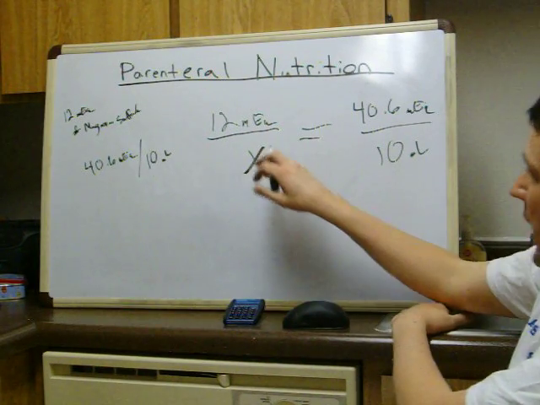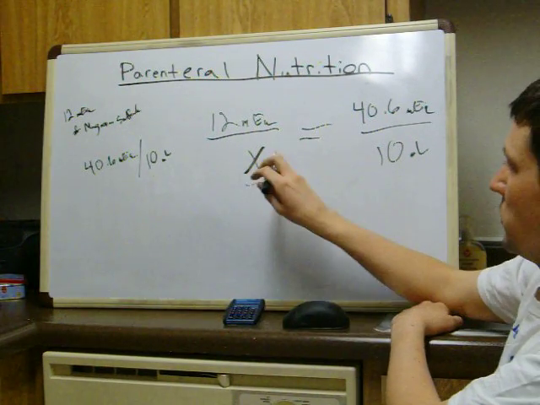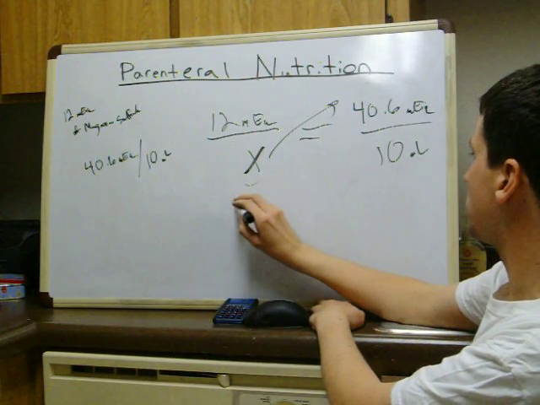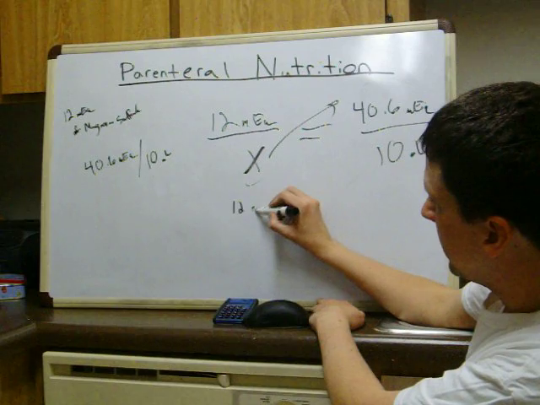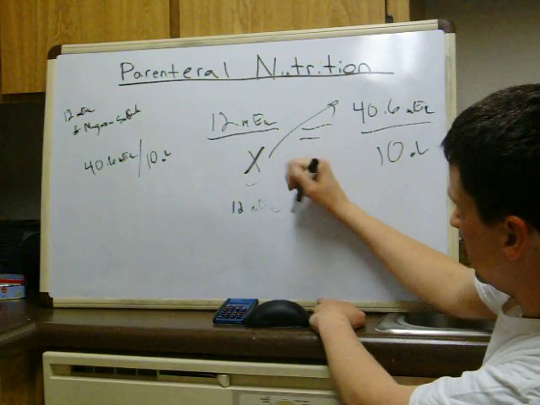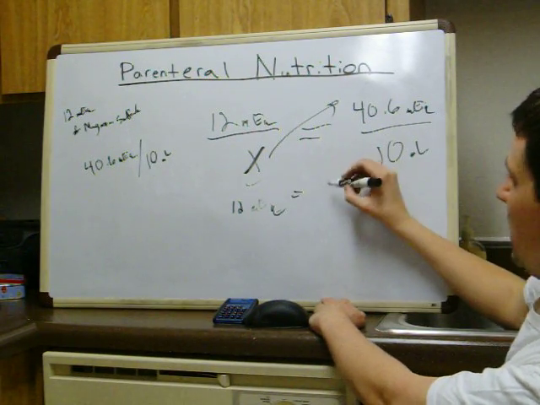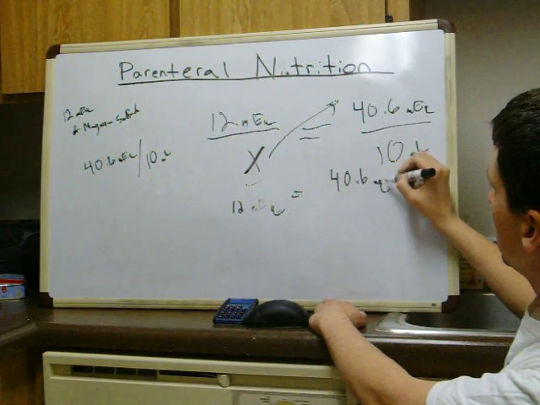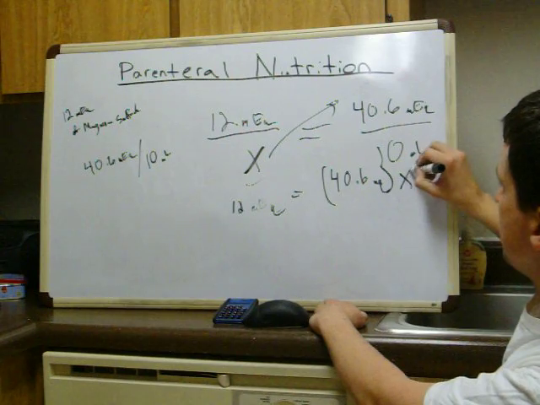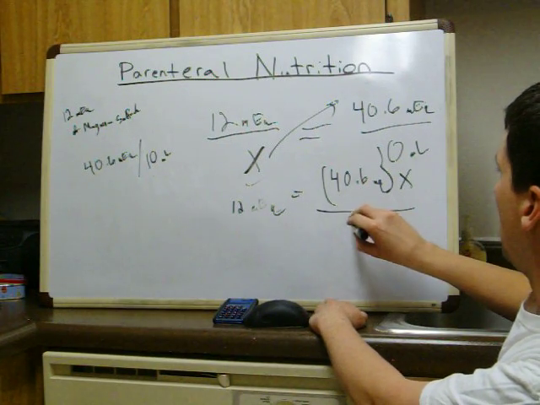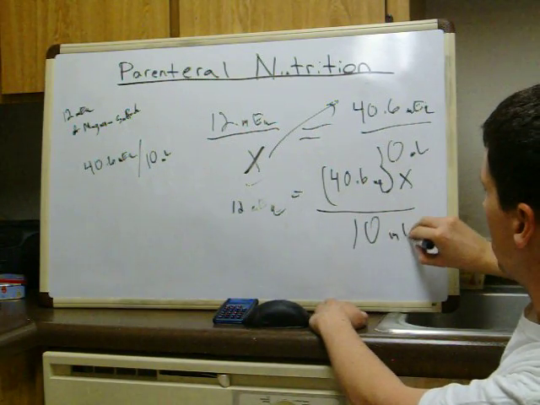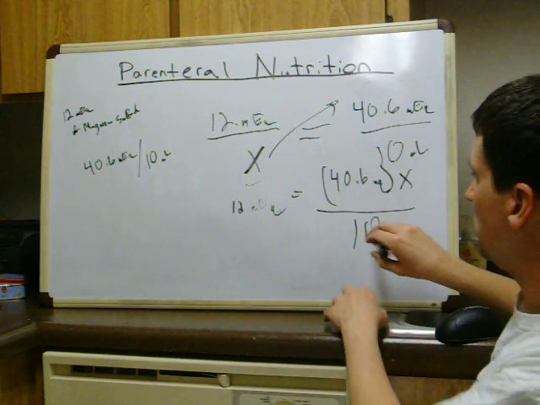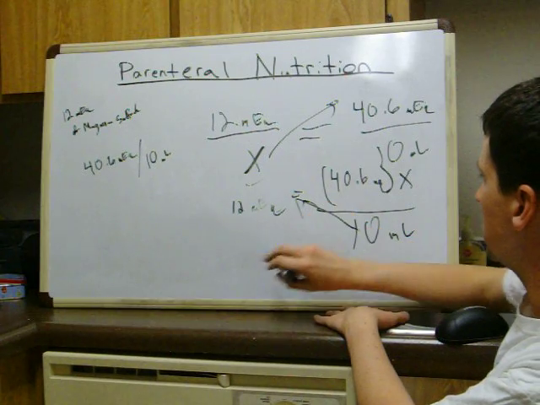Again, we want to get X by itself, so we'll multiply both sides by X. So 12 milliequivalents is equal to 40.6 milliequivalents times X over 10 milliliters. Then we can continue and multiply by 10 milliliters.